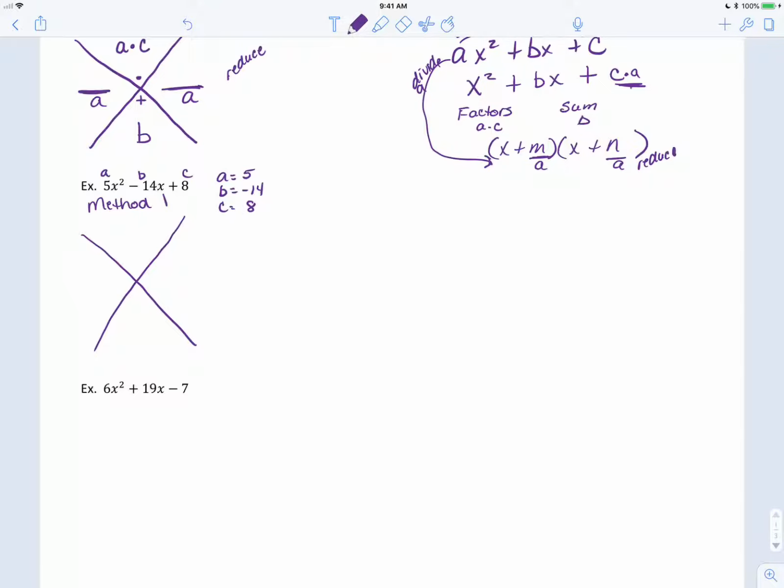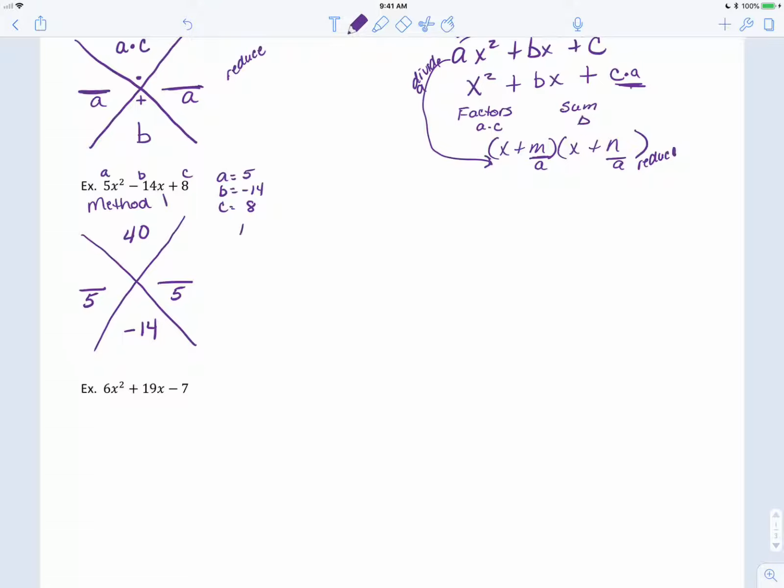So remember, up at the top, it's a times c. So 5 times 8 is 40. On the bottom is your b term, which is negative 14. Then we're going to come over here and divide by a. Because I've already said that we're going to divide by the a term over here, I just don't forget to do it.